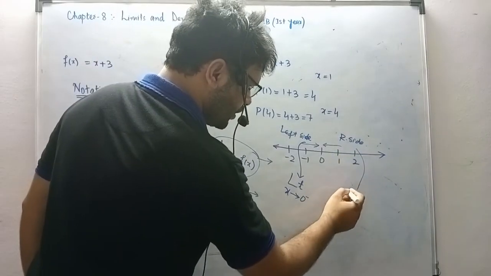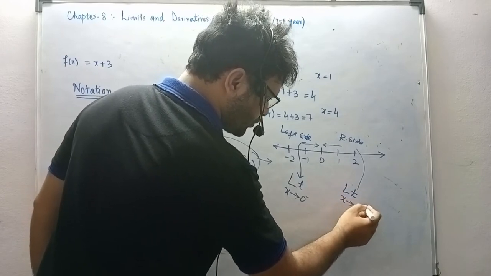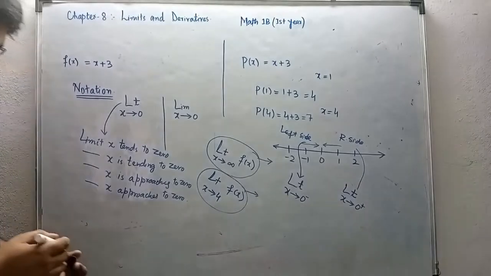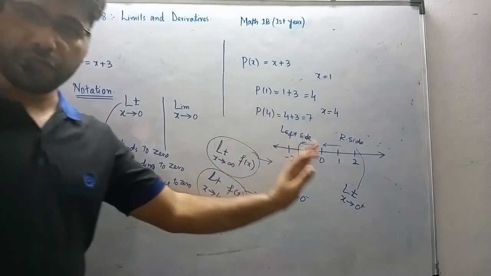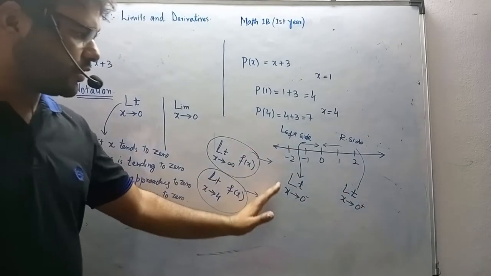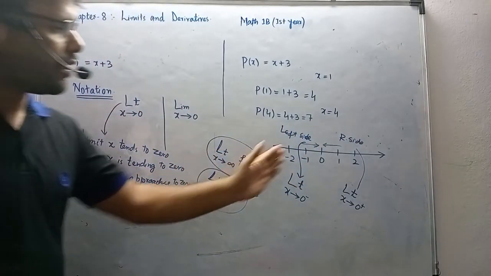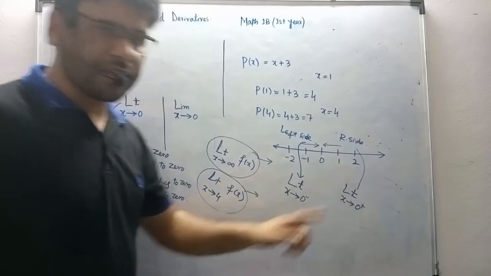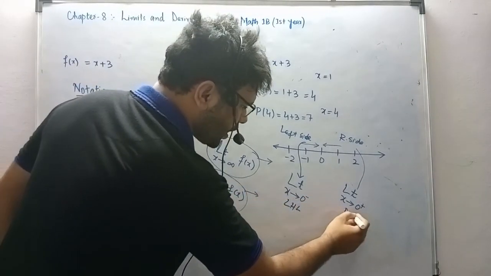When I am approaching from the right side, then x is tending to 0 plus. So what does this mean? Limit x is tending to 0 minus means x is approaching 0 from the left side. This is called a left hand limit. And this is called a right hand limit.